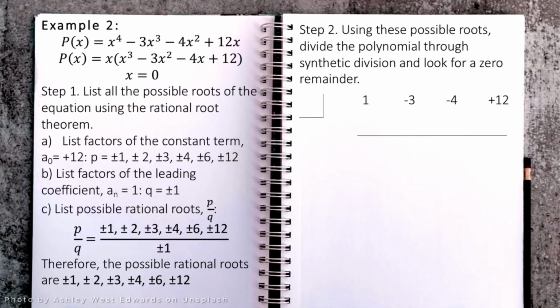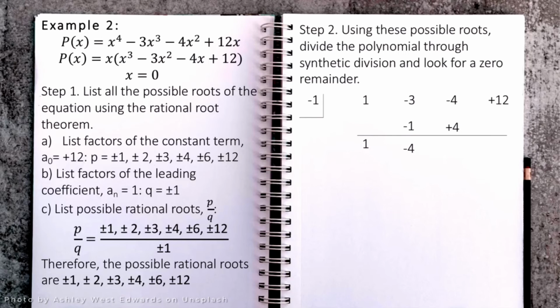And then, let's try negative 1. Since positive 1 is not a solution, let's try negative 1. Then, the same process, bring down 1, multiply, negative 1 times 1 is negative 1, then add. Negative 3 plus negative 1 is negative 4. Then multiply. Negative 1 times negative 4 is positive 4.